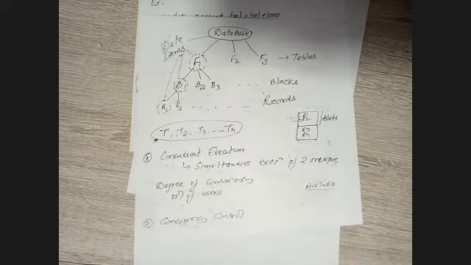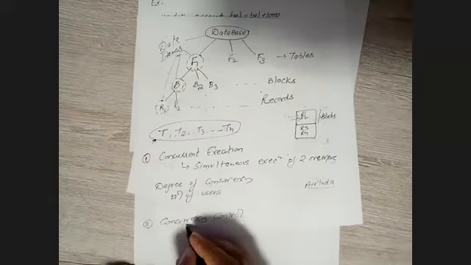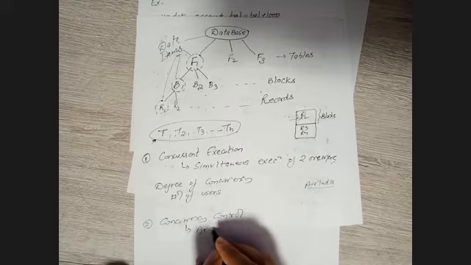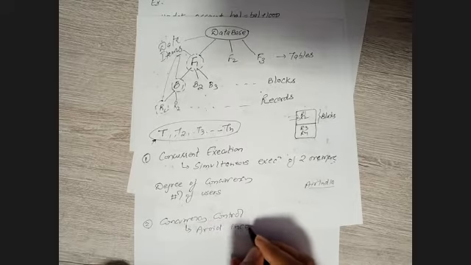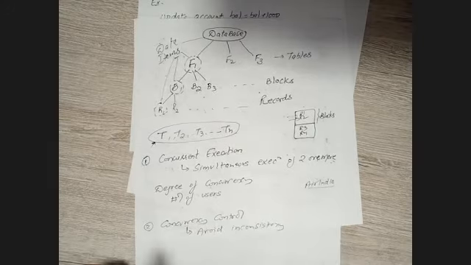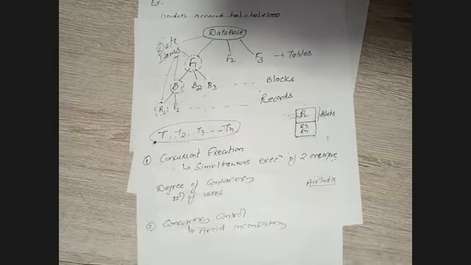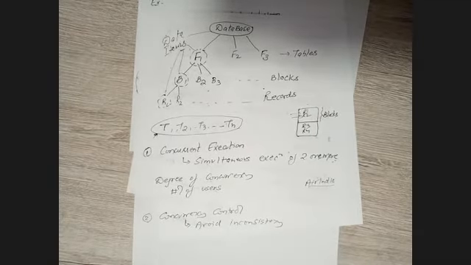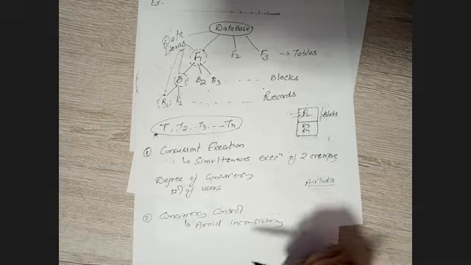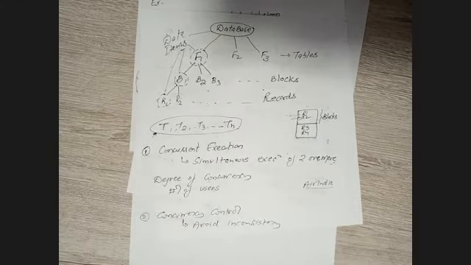We'll see, actually concurrency control is a method to avoid inconsistency because of concurrent execution, right? So it avoids inconsistency because of concurrent execution over your database, right? So these are just the terms over here. In depth we'll understand once we move forward in our topic, right?